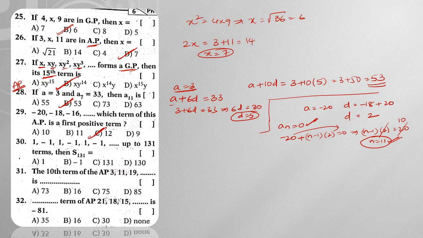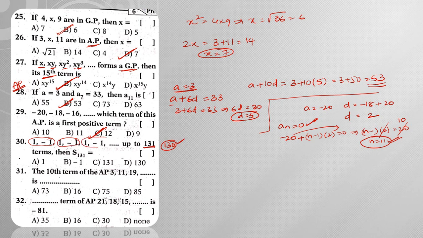Next, 1 comma minus 1 comma 1 comma minus 1 and so on up to 131 terms. So in those 131 terms, 130 terms will pair up and each pair sum will be equal to 0. Have you understood?